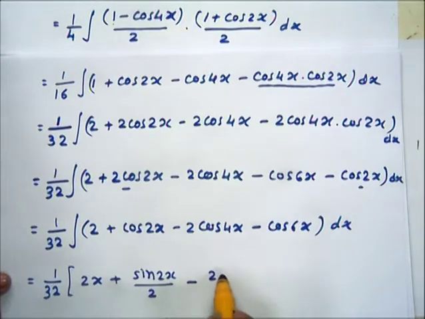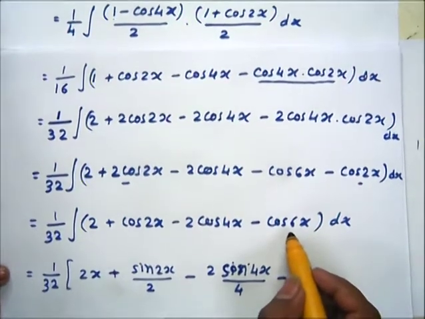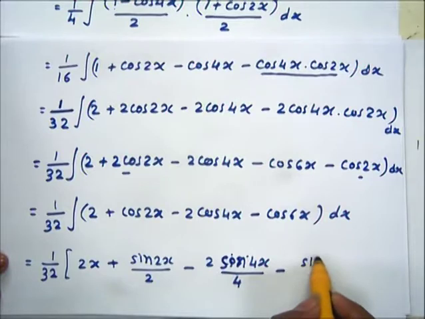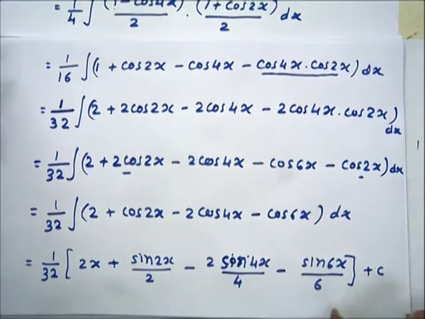Minus 2 times the integration of cos 4x, which is sin 4x, coefficient of x is 4, so this is 4, minus the integration of cos 6x, which is sin 6x, coefficient of x is 6, plus c.